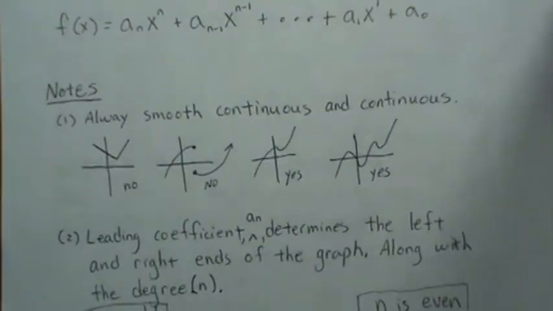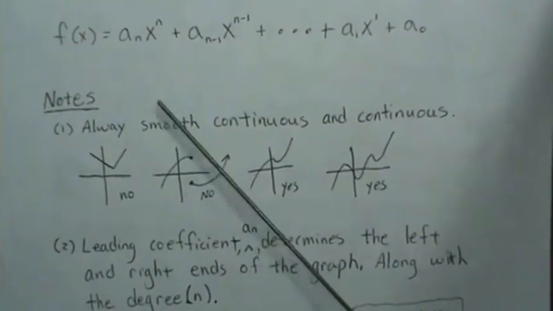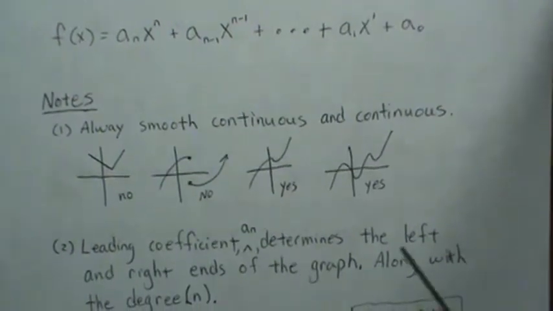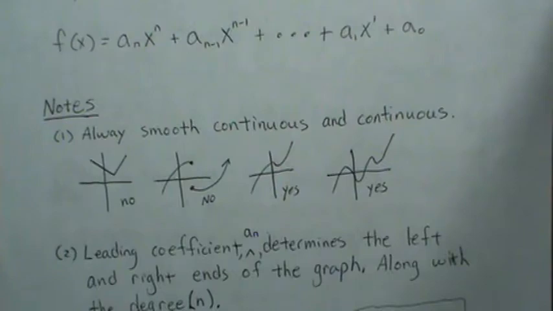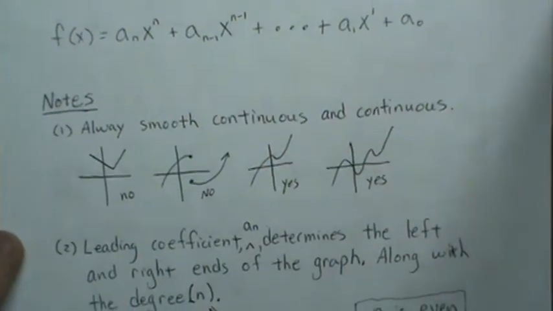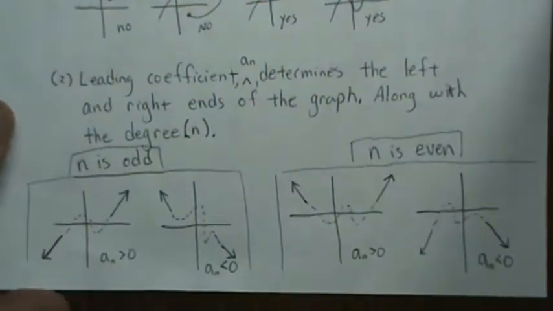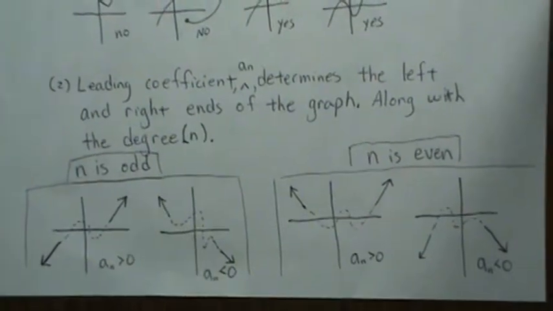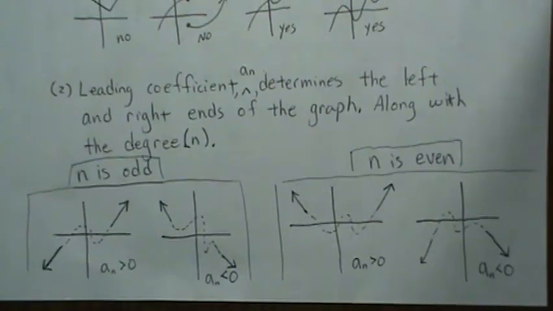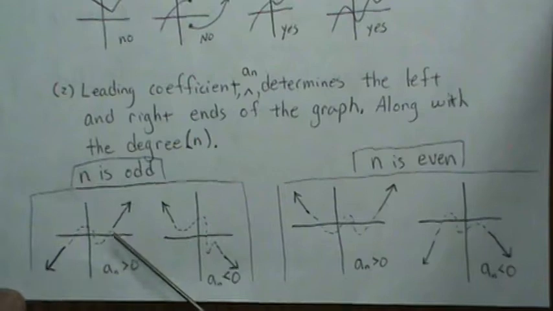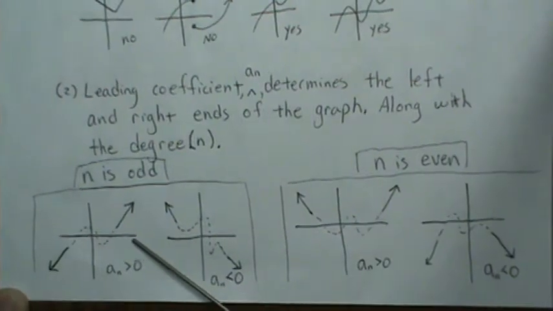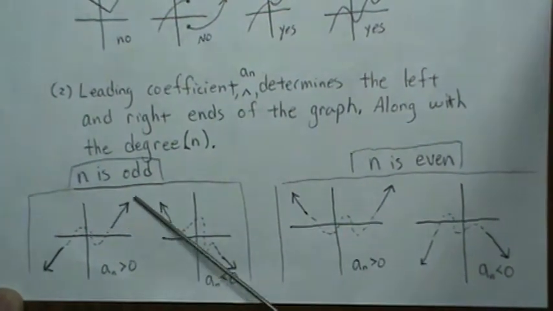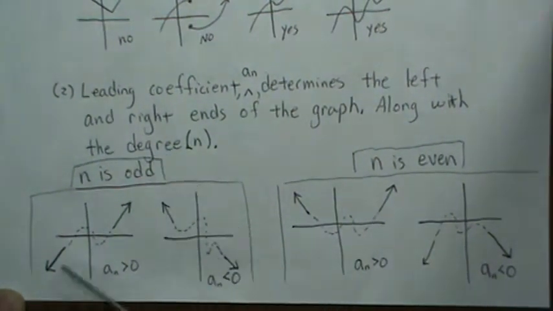The leading coefficient, a_n, determines the left and right ends of the graph, along with the degree, n. So, for instance, if n is odd, so 1, 3, 5, etc., and the leading coefficient is positive, we know that as we get further and further to the right, it always goes up to infinity.